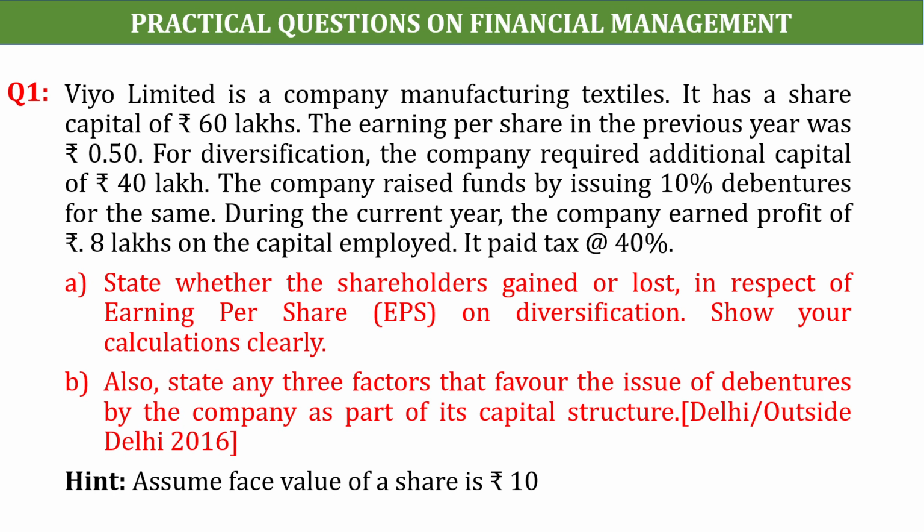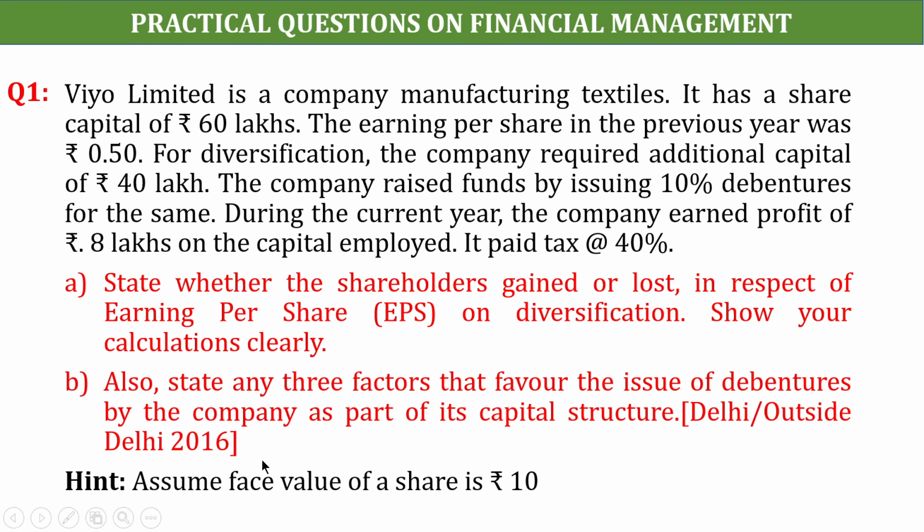before interest and tax. So what is the formula for return on capital employed? Net profit before interest and tax upon capital employed. It means from this profit we need to deduct interest on the debentures, and then we have to deduct the income tax. The remaining profit would be available to the existing equity shareholders, and that profit has to be divided by the number of equity shares, and then we will compare the earning per share with the existing earning per share.